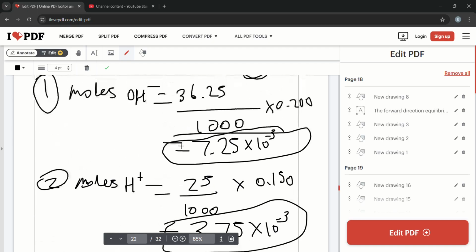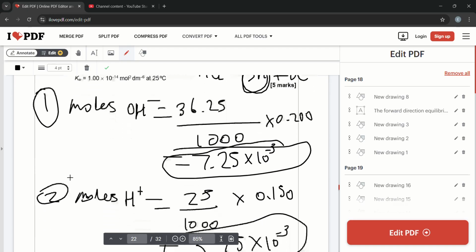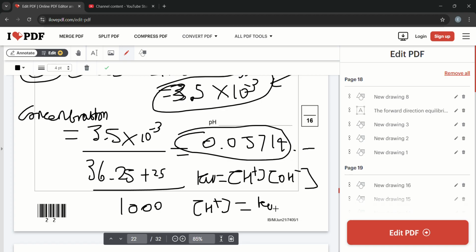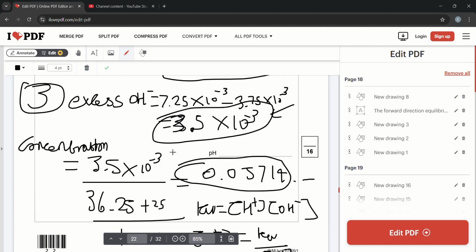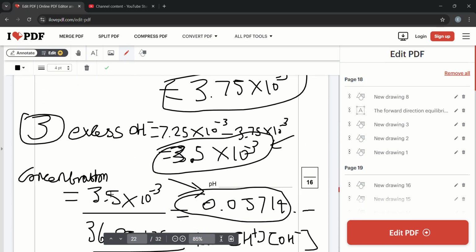Okay, and now what can we do? Well, now we can find H plus, and then we can find the pH, because we know Kw is equal to H plus times OH minus. Therefore, H plus is equal to Kw divided by OH minus. We found the concentration of OH minus, and Kw is given in the question, so we just substitute that in.